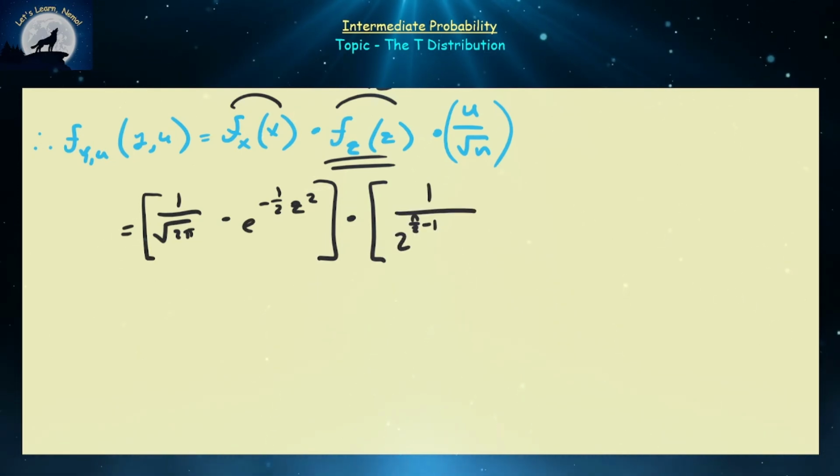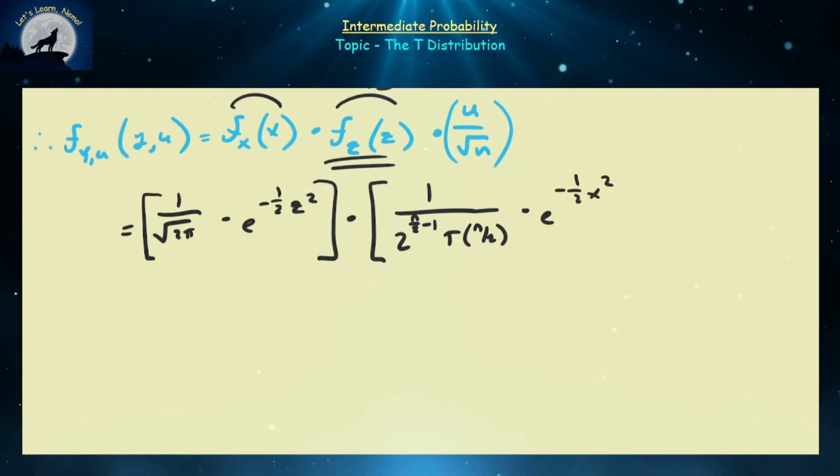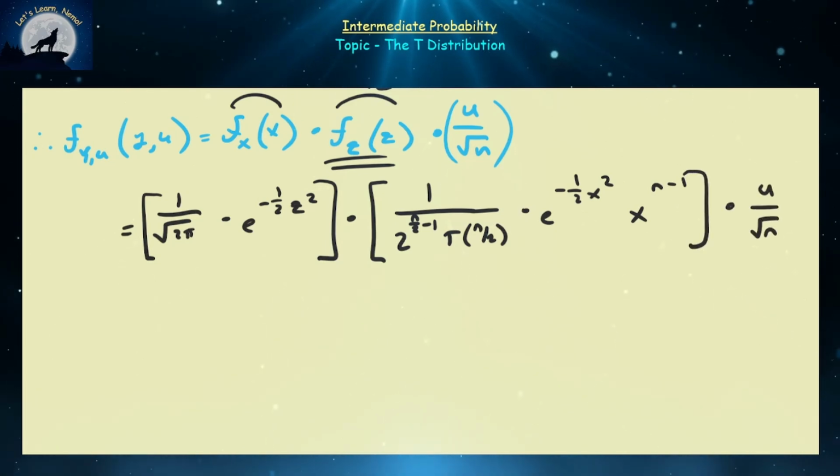Chi squared doesn't have the minus 1, but chi does. And then we're going to have our gamma n over 2 coefficient, multiplied by e to the minus 1/2 x squared. Keep in mind, chi squared doesn't have the square in the exponent, but chi does in its PDF. And then we're going to have x to the power of n minus 1, and keep in mind it's n minus 1 for chi, n over 2 minus 1 for chi squared. And then don't forget your lonely little Jacobian, u over the square root of n at the very end.